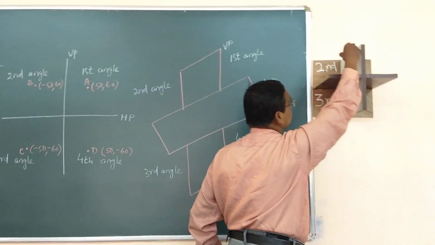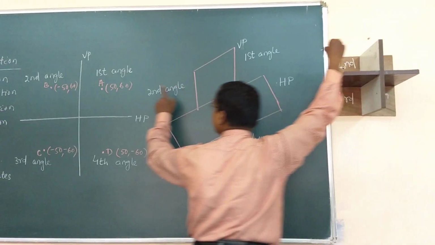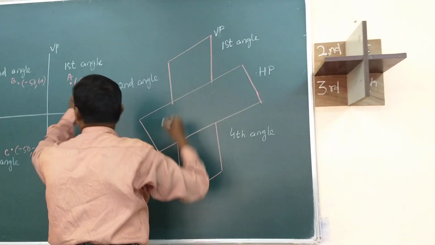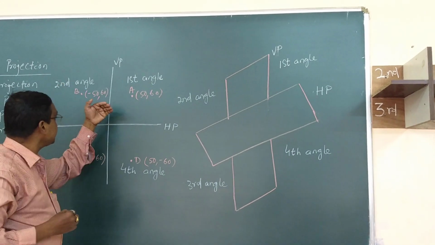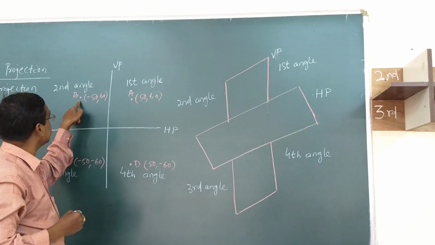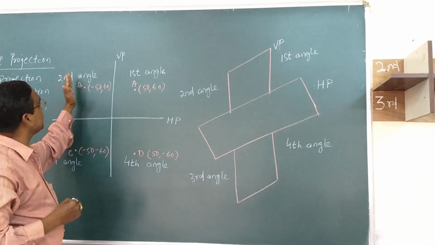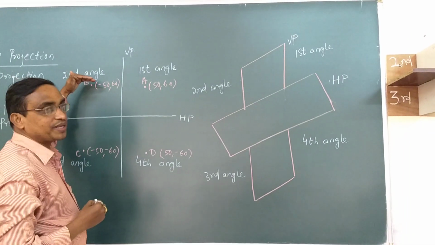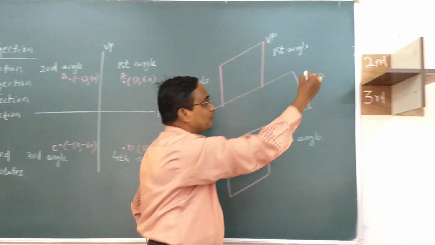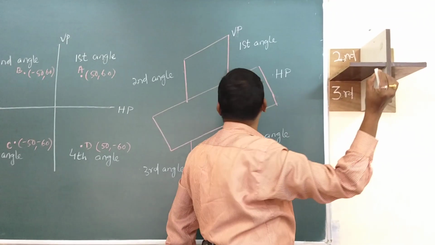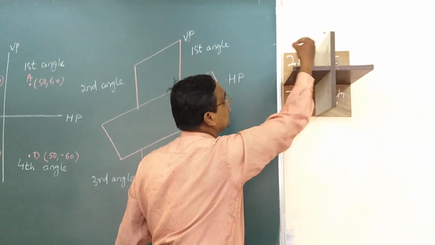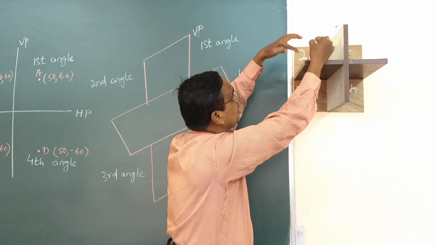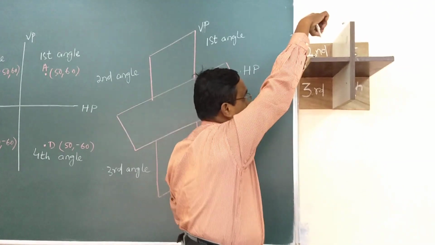Second angle projection means same coordinate we will take 50 and 60, but here minus 50 and 60. It means object is 50 mm behind VP and 60 mm above HP. This is the position of my point B, which is 50 mm behind VP and 60 mm above HP.